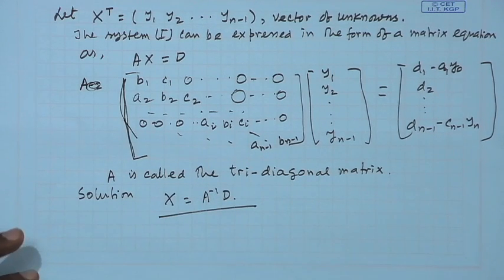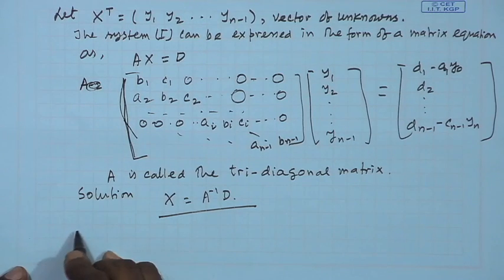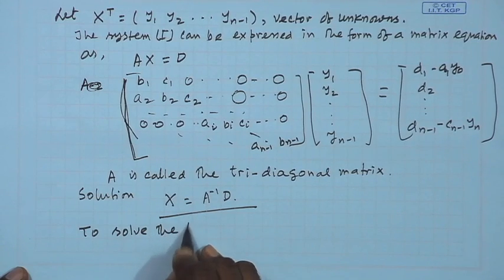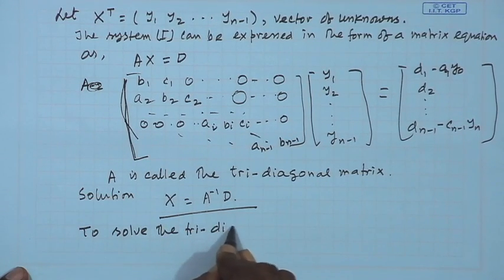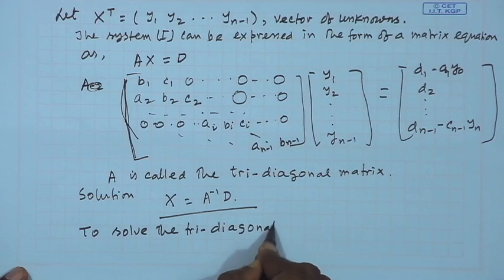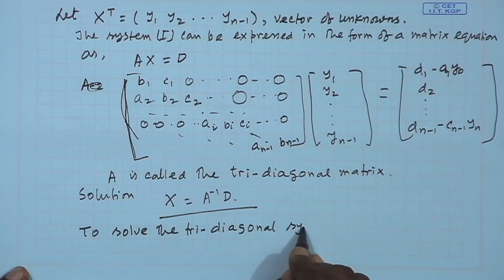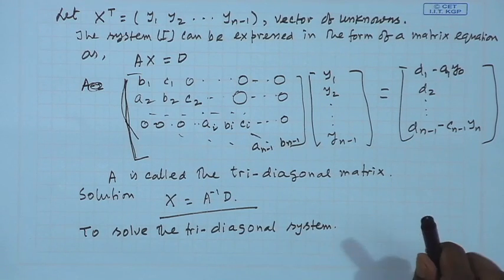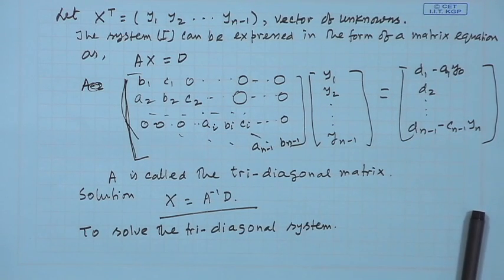So now our task is to solve this tridiagonal system. If the matrix is tridiagonal, it is a little easier compared to other situations, because a tridiagonal matrix can be very easily converted to a lower triangular matrix or upper triangular matrix.